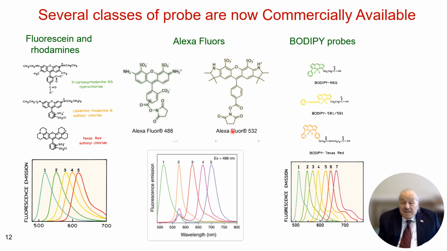Then we have the Alexa Fluors, which I would classify as a second generation probe because they're an improvement on the first generation fluoresceins and rhodamines. And the BODIPYs are another second generation probe that have some advantages and also some disadvantages. So we'll discuss each of these in turn.